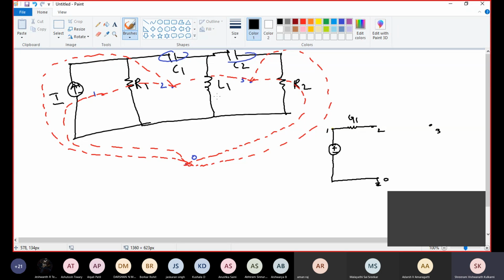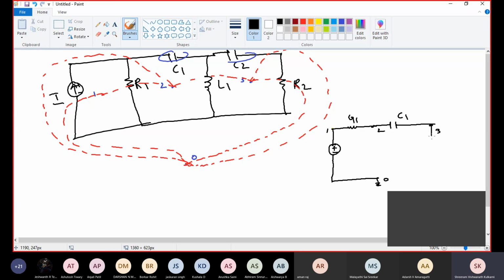We need to replace that one with capacitance, C1. Now, between the reference node and node 3, resistance is there.